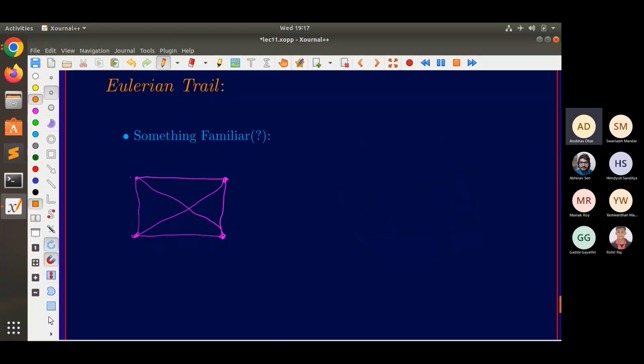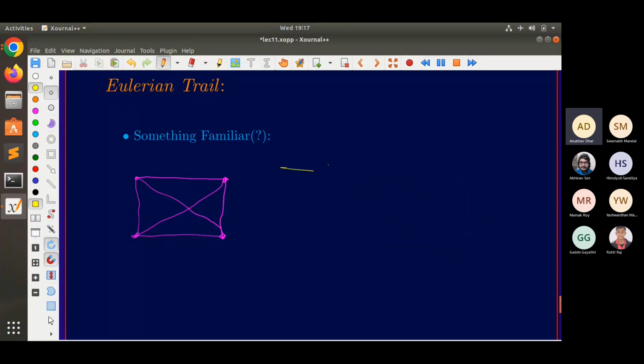Okay, so let's talk about this particular structure. Well, if you don't include the cheeky ways of folding the paper and all, it turns out that you cannot draw this particular structure with these two conditions.